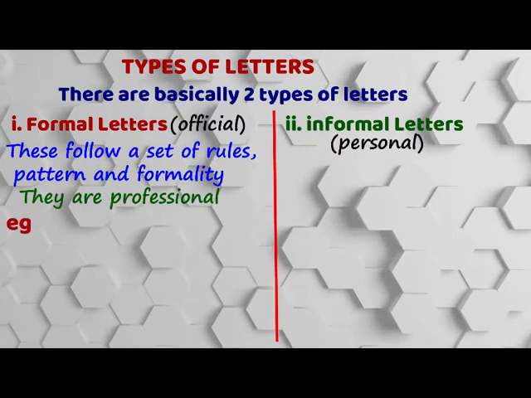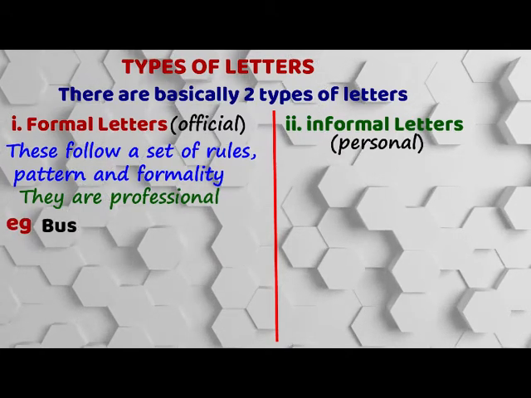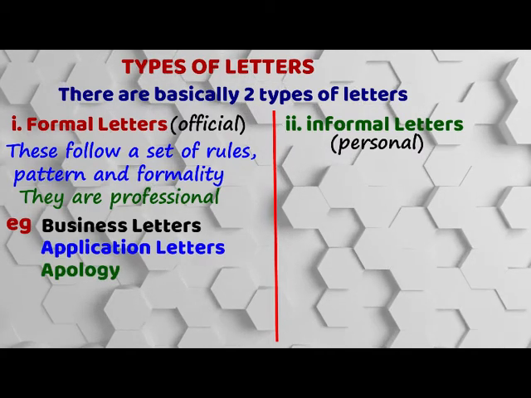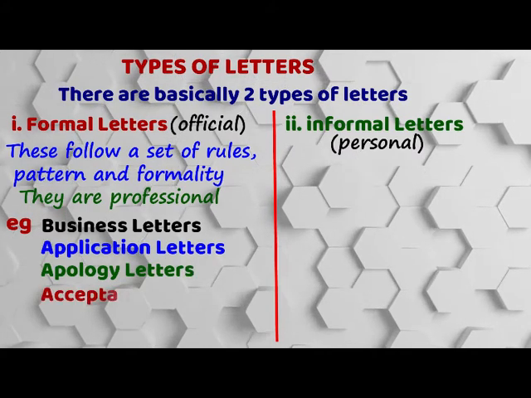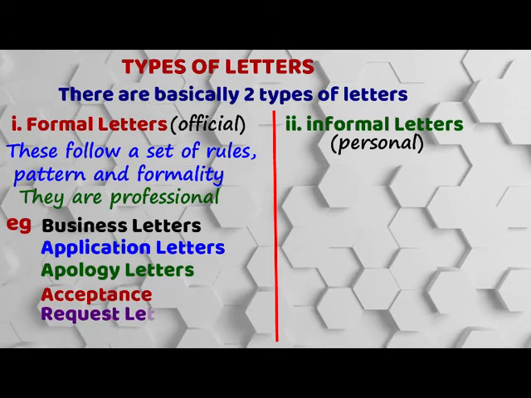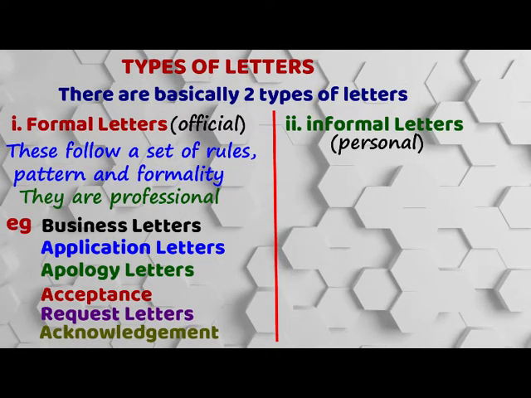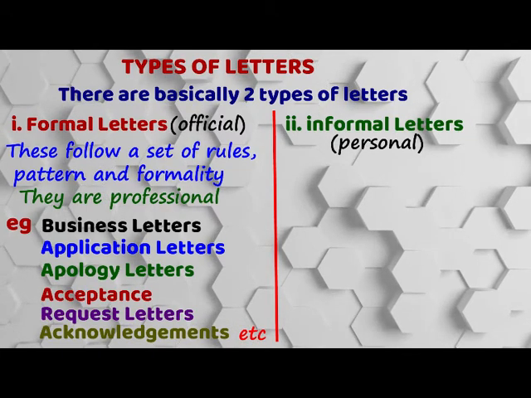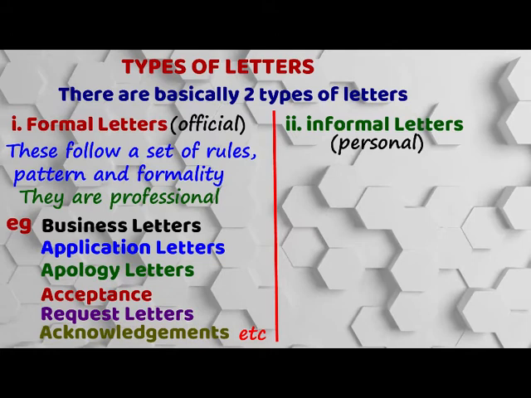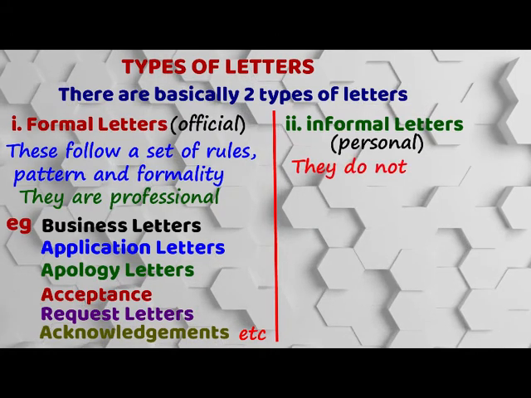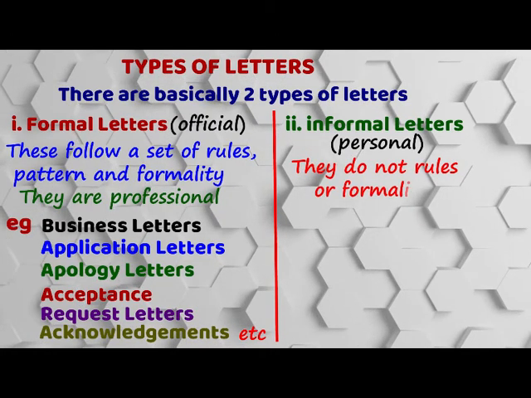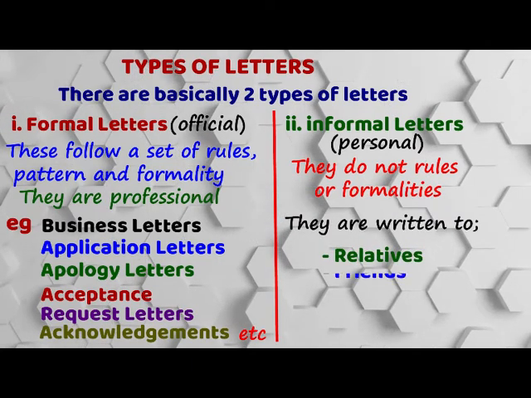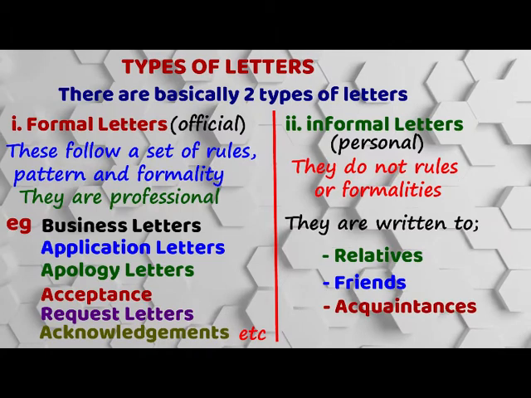Examples of formal letters are business letters, application letters, apology letters, acceptance letters, request letters, acknowledgement letters, and many others. Then the informal letters or personal letters do not follow rules or formalities. They are written to relatives, friends, and acquaintances.